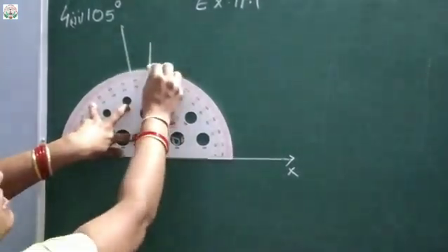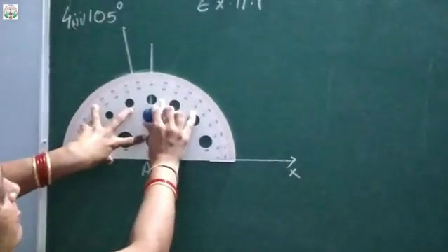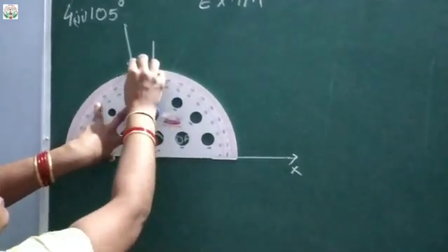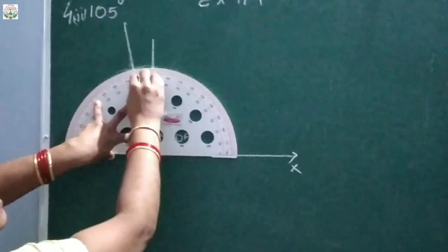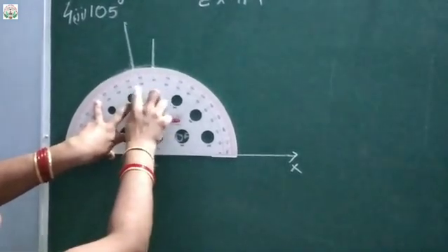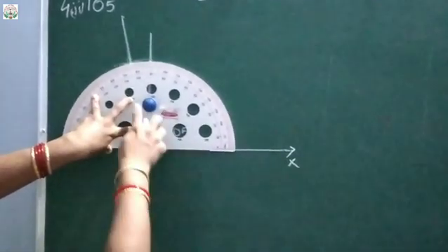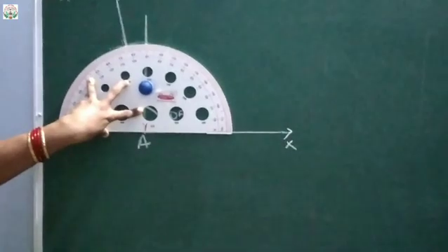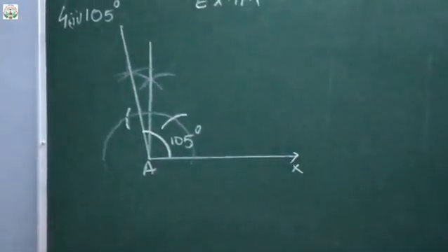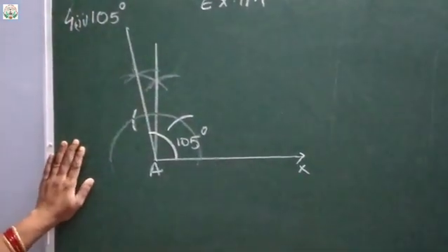And this line is 105. Between 100 and 110 we have 105. So this will be 105. So angle 105 we have drawn with the protractor. You will show it after making the construction with the rounder and scale.